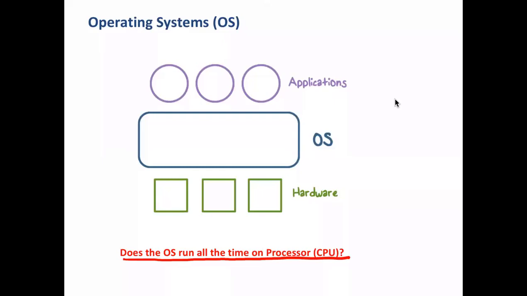Anyone from the senior batch, please tell me. No, because I have asked this question to you in a quiz, so possibly you know it. Okay, yes, very right. The OS does not run on the processor all the time. While most of us think that the OS is running all the time, it doesn't.